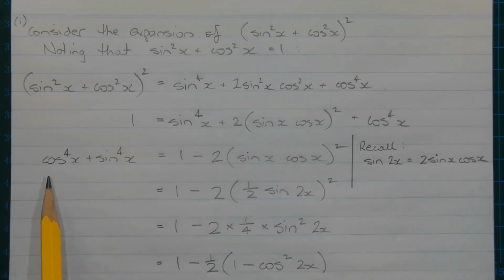So the equation becomes cos to the power of 4x plus sine to the power of 4x is equal to 1 minus 2 times, open bracket, half sine 2x, close bracket, to the power of 2. Expanding the brackets, we get 1 minus 2 times 1 over 4 times sine squared 2x.